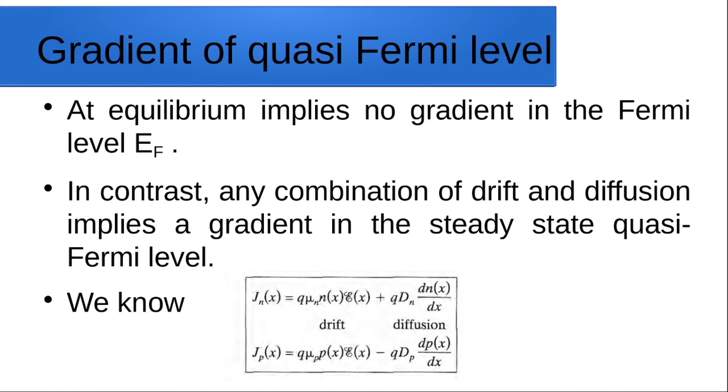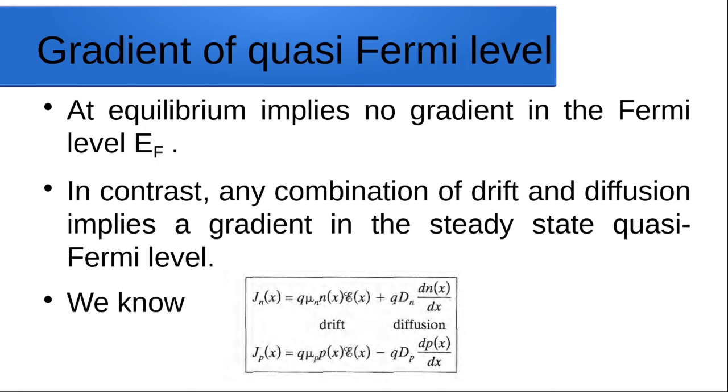Any combination of drift and diffusion implies a gradient in the steady state Quasi Fermi level. If you remember the current equation, the current density, which is a combination of drift and diffusion, that will be the basis of our discussion here.